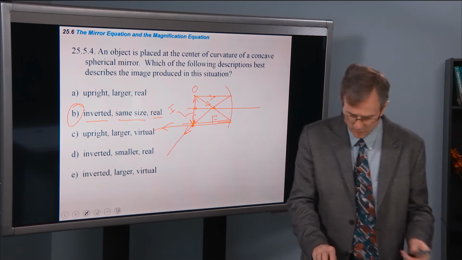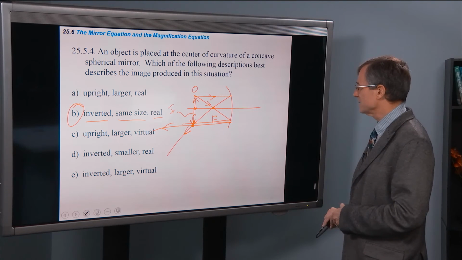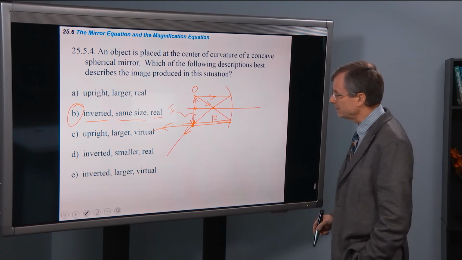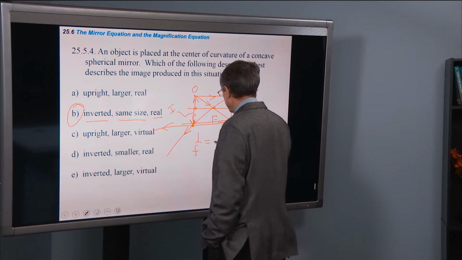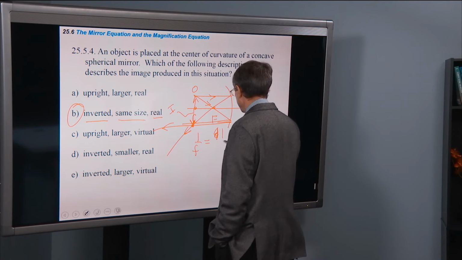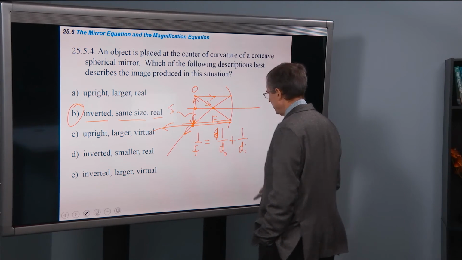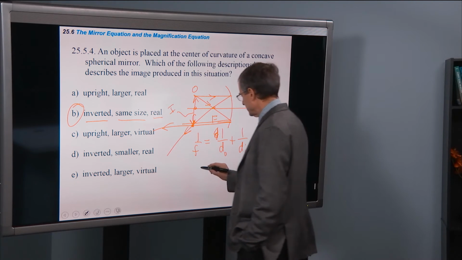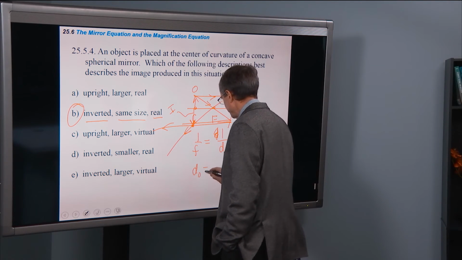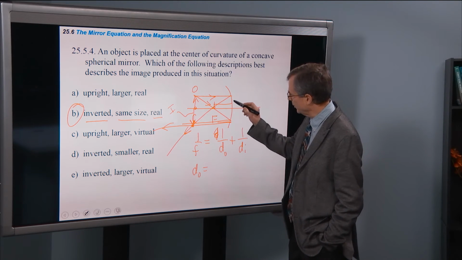So that one goes. You can actually plug in and do this with equations as well, that 1 over f is 1 over d naught plus 1 over di. So f is this distance, it's the focal length, little f.